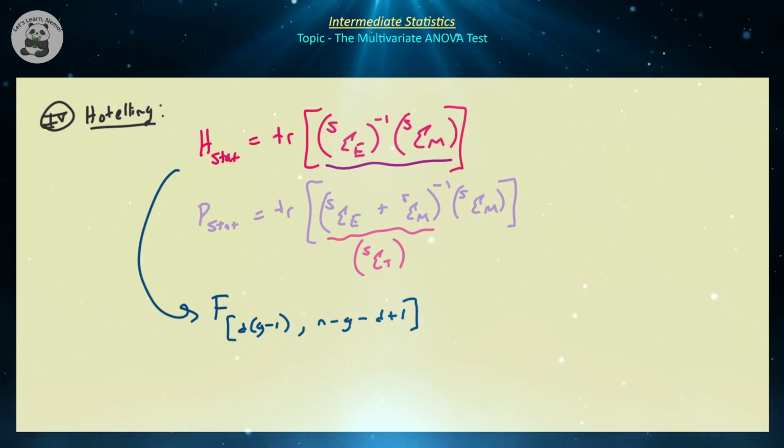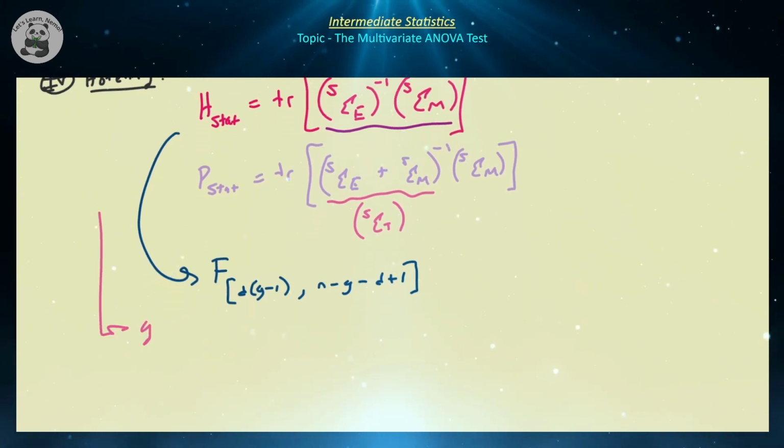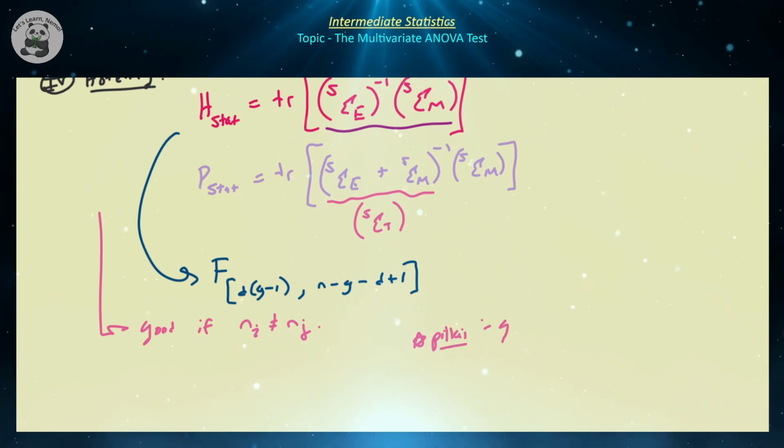And this test, the Hotelling, is going to be good if our sample sizes Ni and Nj are not equal to one another. Okay, so the Pillai, and let's mention this here, Pillai is actually good if Ni and Nj are equal to one another.